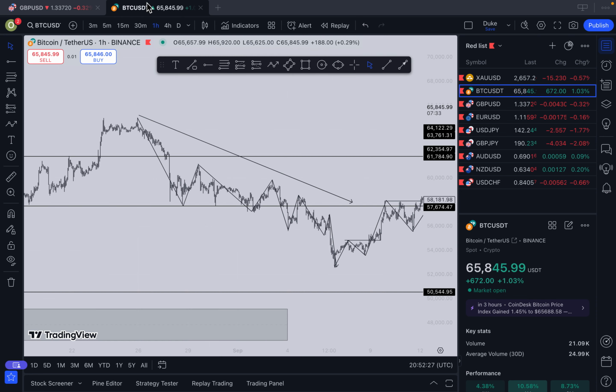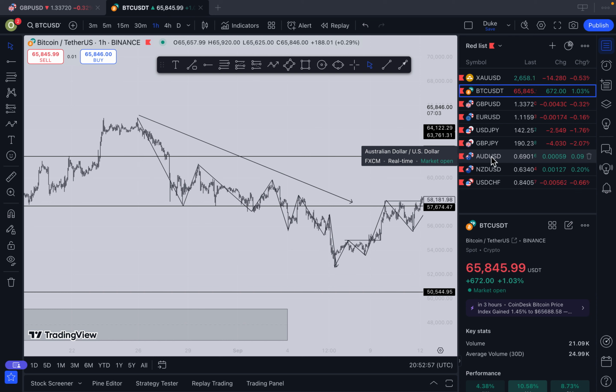In order to be profitable, go to your AUD USD, this particular pair. Look at your 15 minutes. Mark out your higher highs and higher lows. Mark out your uptrend and downtrend.